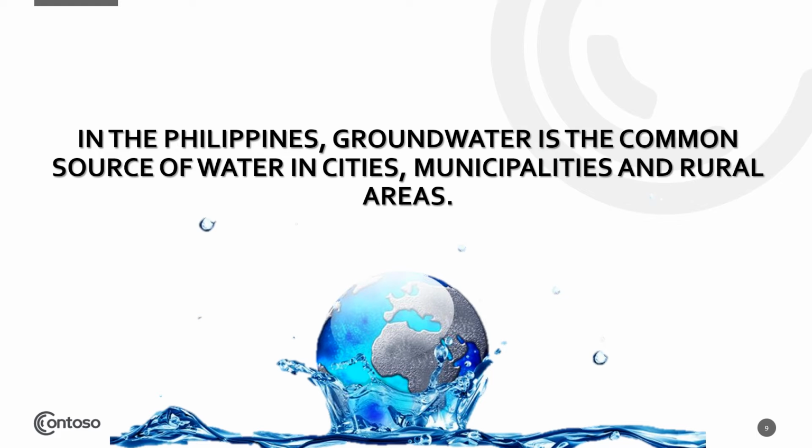In the Philippines, groundwater is the common source of water in cities, municipalities, and rural areas because groundwater is primarily used by 60% of households, and in communities without the convenience of piped water service from municipal or city water districts or Metropolitan Waterworks and Sewerage System concessionaires, people use water from a nearby poso or deep well.